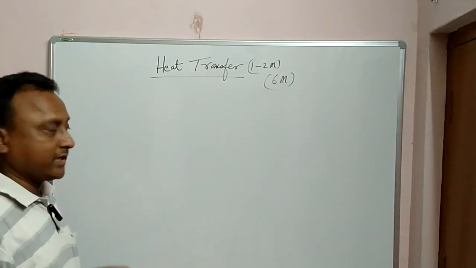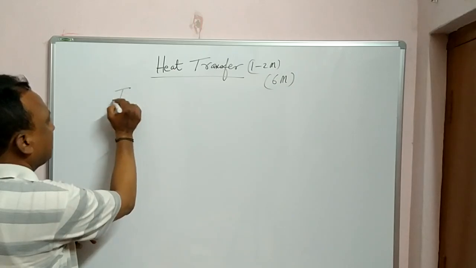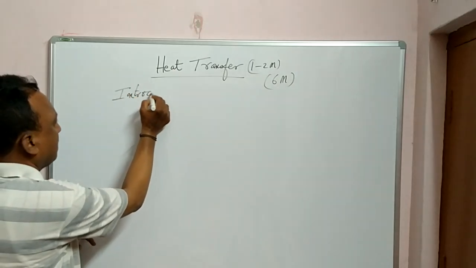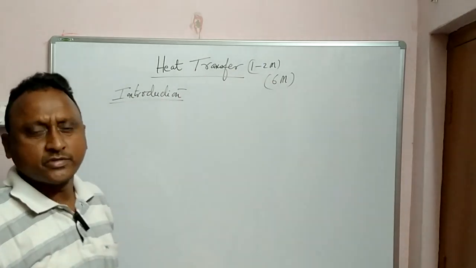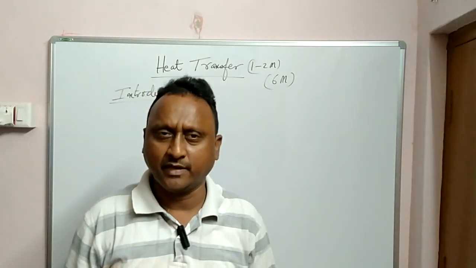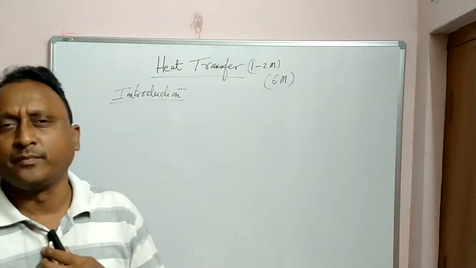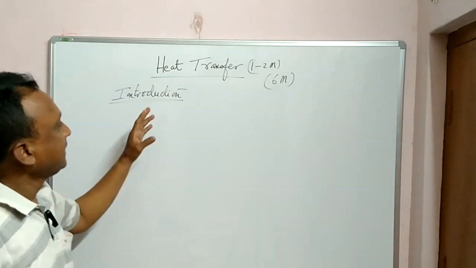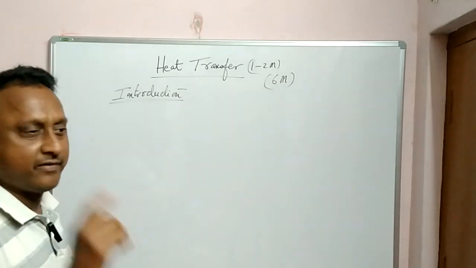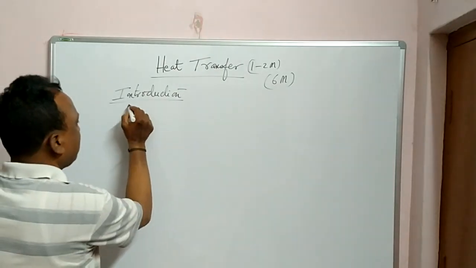So first of all, in the introduction, what are the modes of heat transfer? Let us see the main modes of heat transfer. In general, heat can be transferred in 3 ways: 1.